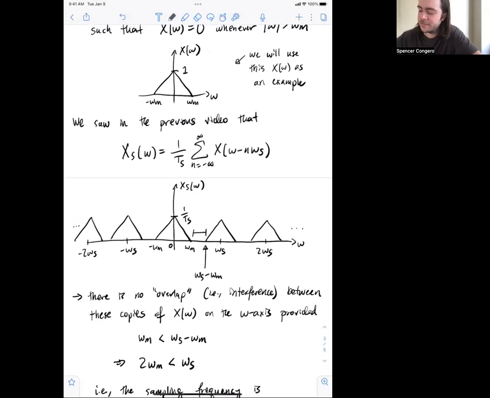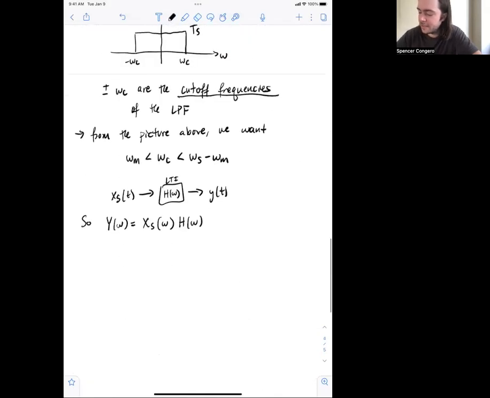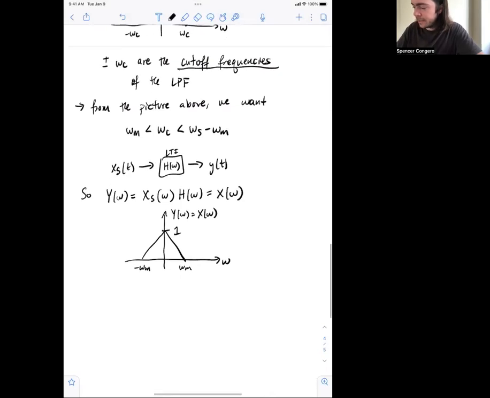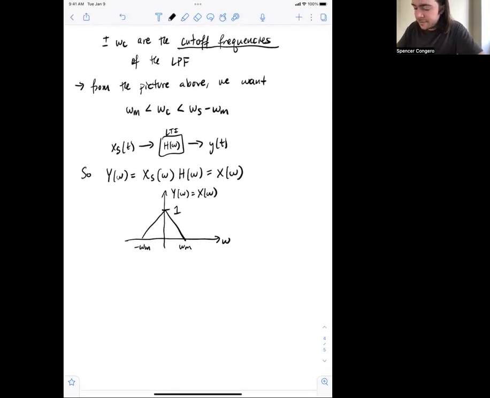Okay, so hopefully just from that picture, you can see that this is going to be our X of omega. Okay, and I'll just draw it here. We get back exactly this one triangle. This is Y of omega equals X of omega, omega sub m, negative omega sub m, height 1, in the frequency domain. Okay, so let's just review what do we actually have here.